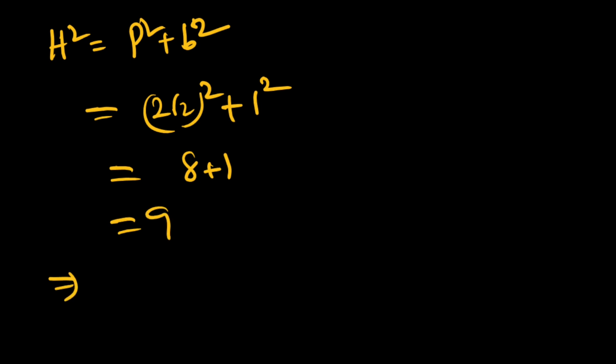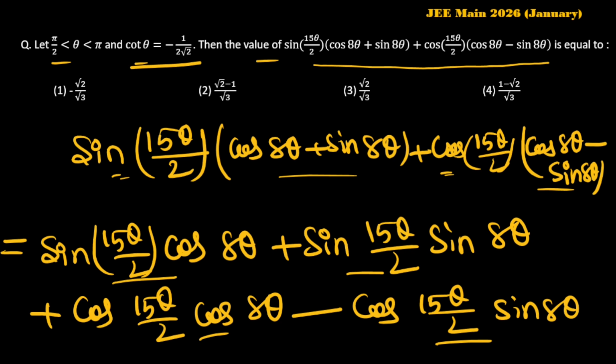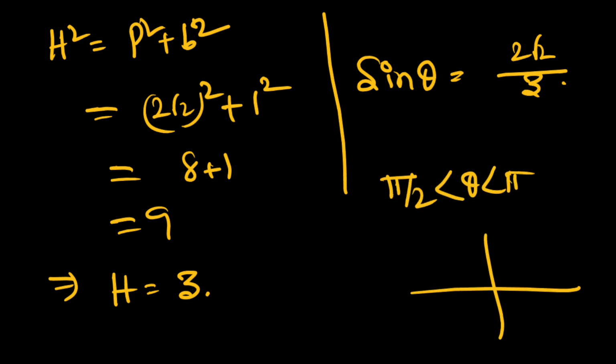This implies hypotenuse is equal to 3. So sin theta is equal to 2 root 2 over 3, and since theta lies between pi by 2 and pi, the sine is positive, that's why we write the positive sign here.